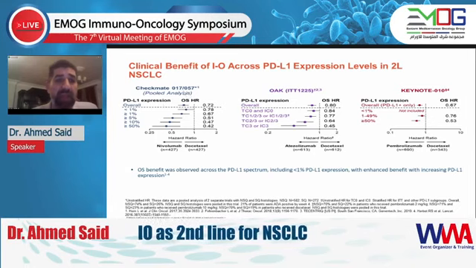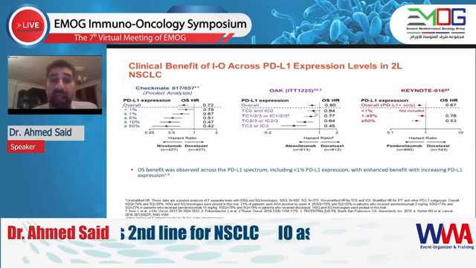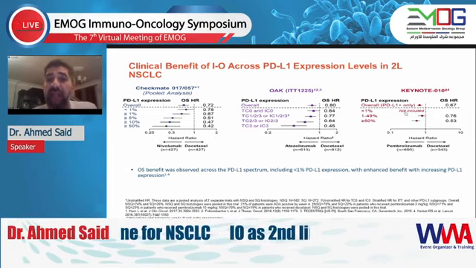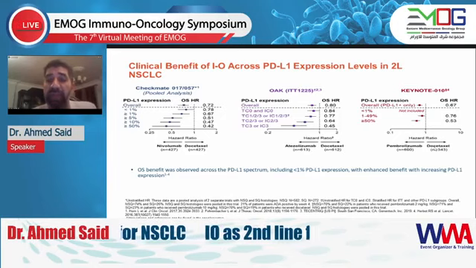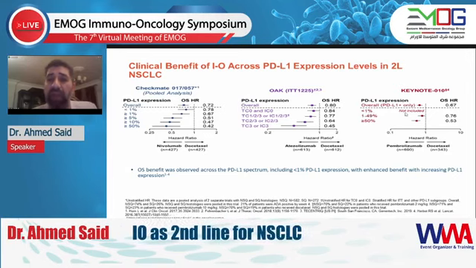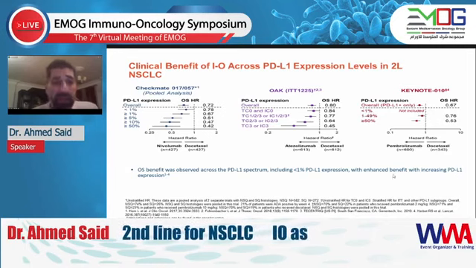So the clinical benefit of IO across PD-L1 expression in the second-line setting, we can see it in the CheckMate pooled analysis. All favor nivolumab rather than docetaxel. In the OAK, it favors atezo versus docetaxel, and in the KEYNOTE, it favors pembro rather than docetaxel. But remember, in the pembro trial, patients with negative or less than 1 PD-L1 expression were not allowed to enter the study.